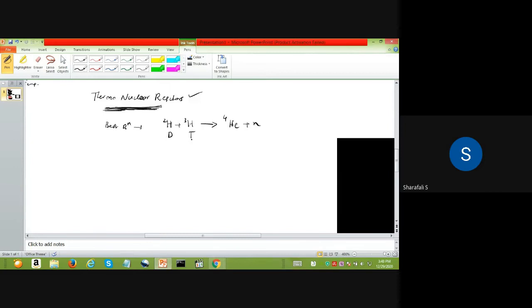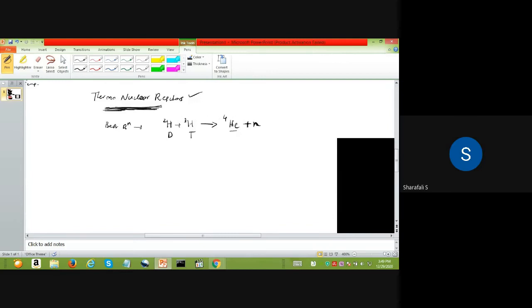The deuteron and triton combine together and form one helium nucleus, one alpha particle, and a neutron. What happens here is that one neutron has to come out, and the remaining is combined.